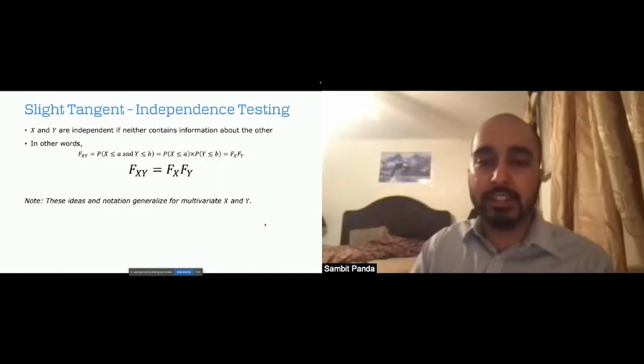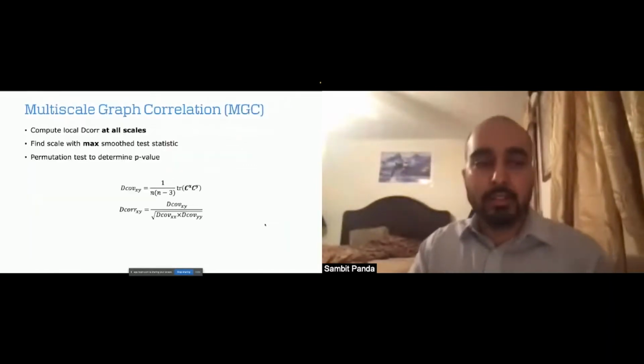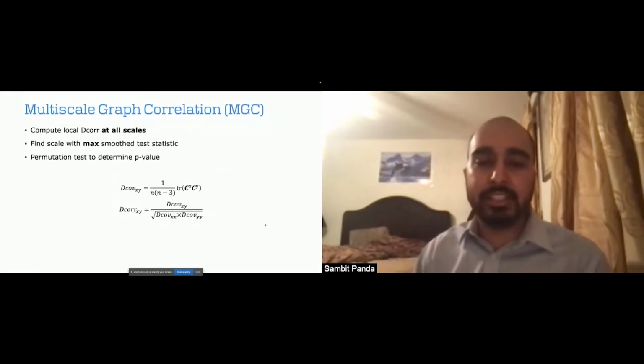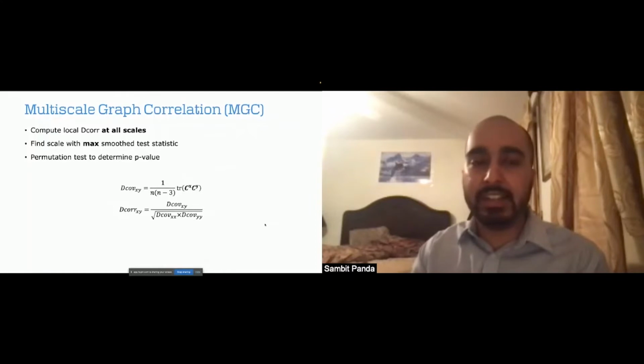When we're testing, that's our null hypothesis, and our alternative hypothesis is that F_XY is not independent. One test that we've developed in our lab is called multiscale graph correlation, or MGC. Basically, it computes a test statistic, whose math is shown at the bottom here, at various scales, and then it finds a smoothed max as the test statistic. Then it uses a permutation test, which is a nonparametric way of finding the p-value.